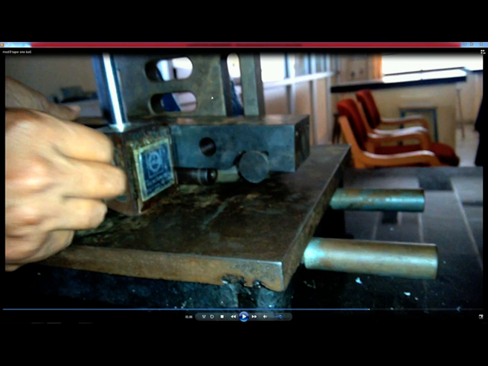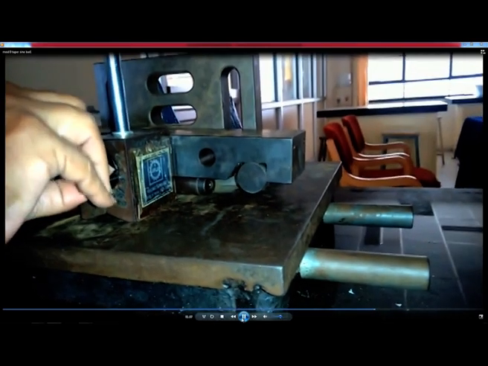So, on the back side, on the other side we have the angle plate, and from the front side we have a magnetic stand to support the sine bar, and then the magnetic stand is switched on.